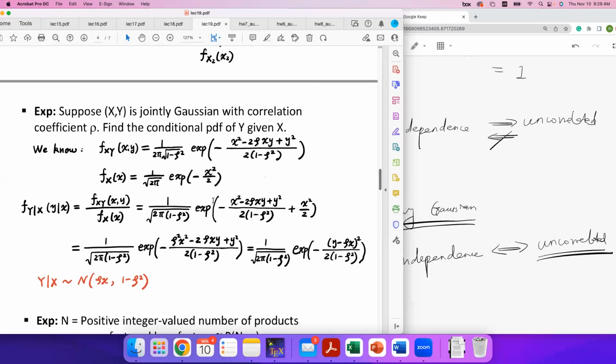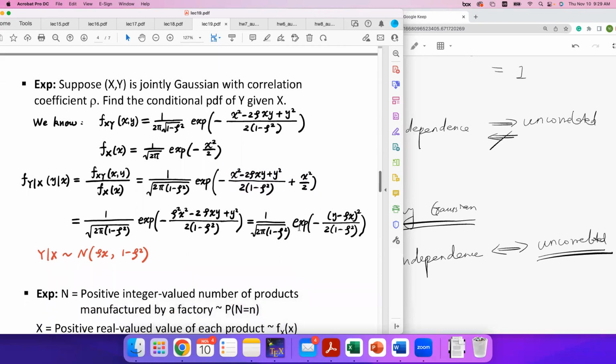And then you can try to simplify this result because this part can be combined together. After some simplifications, you can get this result. If you look at this form, this is another Gaussian PDF.